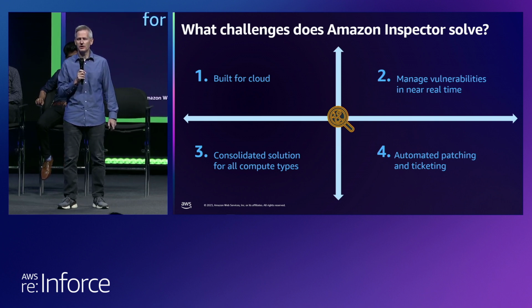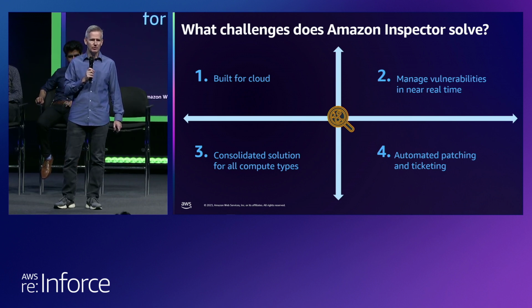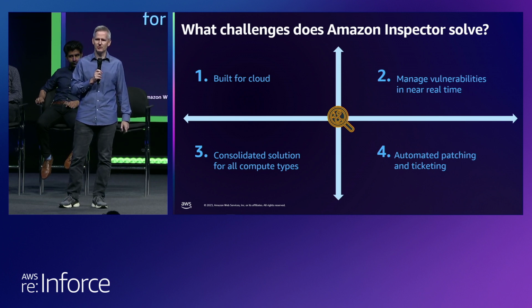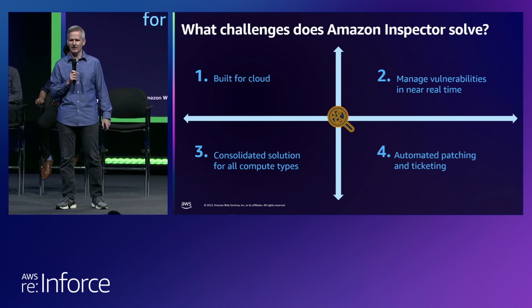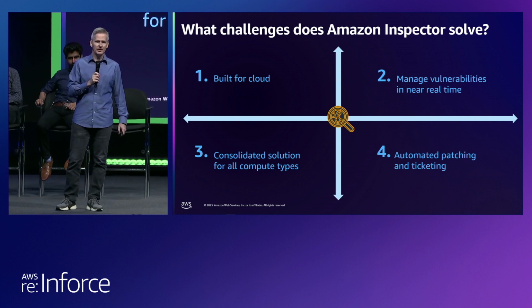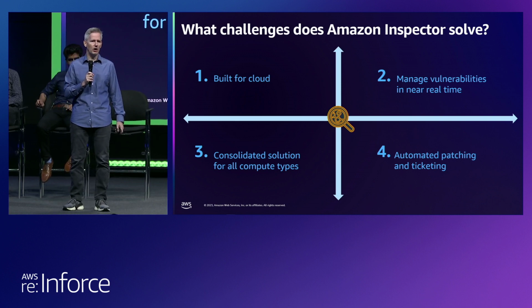Number 2, customers told us, we want to be in the business of dealing with vulnerabilities and the findings, and we want to do that in relatively real time. We don't want to worry about enabling a system, configuring it, administrating it. We just want to get down to the business of remediating our vulnerabilities. Number 3, customers told us, we want one solution for all of our workloads.